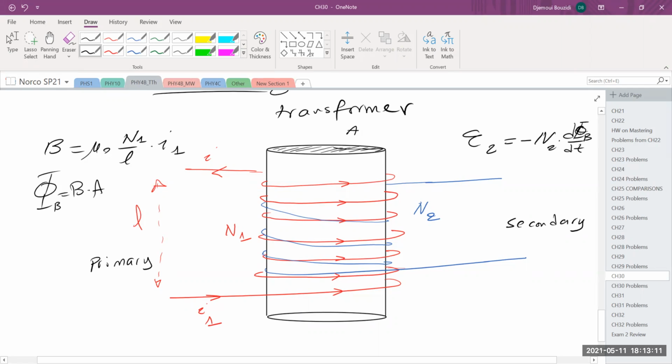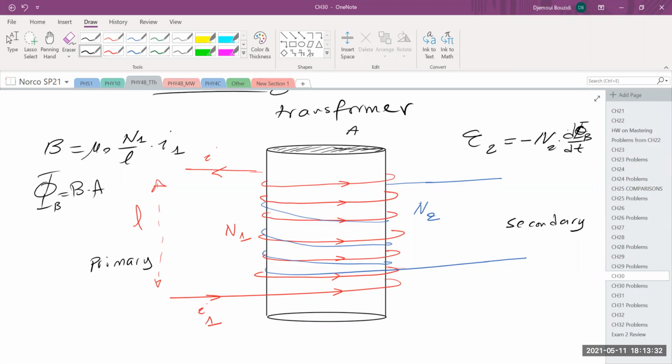This is called the coupling flux, the flux that joins both of them, that goes through all of the areas. Since you have N2 of them, each and every one acts like its own battery, having its own EMF, which is minus d phi B over dt, and you connect them in series with one another. Now you have a bunch of batteries.